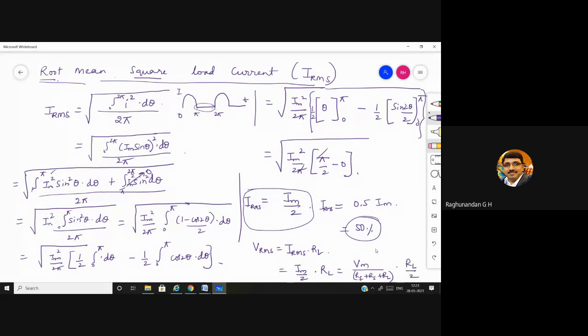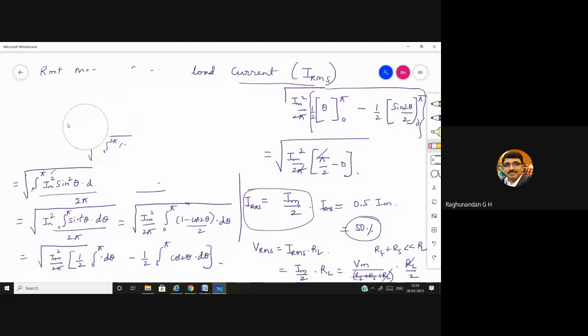And what is the Rf and Rs value? It is very less compared to RL, so this is negligible. So RL will get cancelled, and we will get VRMS is equal to Vm by 2. Therefore VRMS is equal to Vm by 2. This is the equation for the RMS voltage.